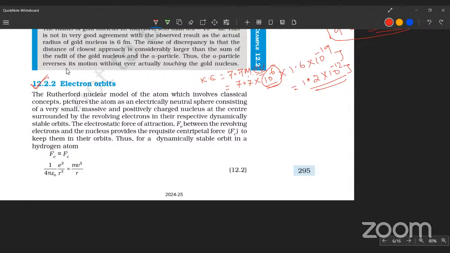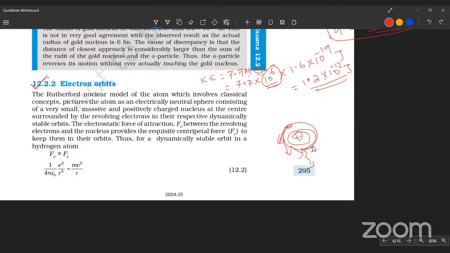The electron accelerates because it is continuously changing direction. An accelerated electron loses energy. So it will radiate energy, and when the energy is radiated, it will no longer stay in the same orbit. Gradually it will come and fall onto the nucleus.